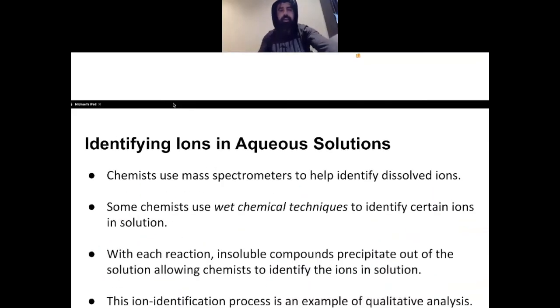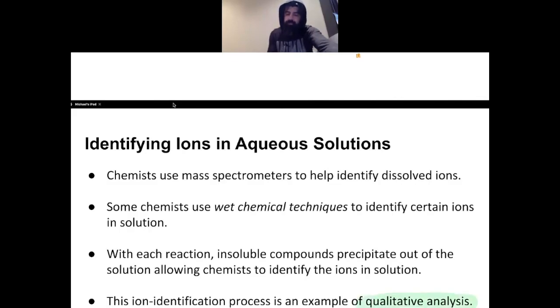So, identifying ions in aqueous solutions. Chemists use mass spectrometry to help identify dissolved ions. Some chemists use wet chemical techniques to identify certain ions in solutions. This ion identification process is known as qualitative analysis.